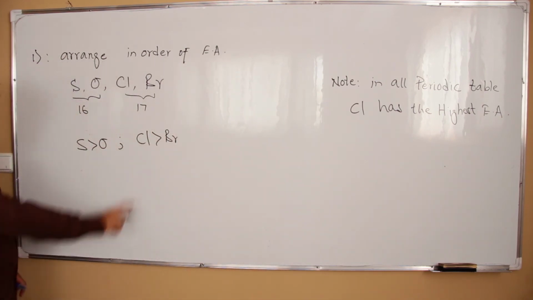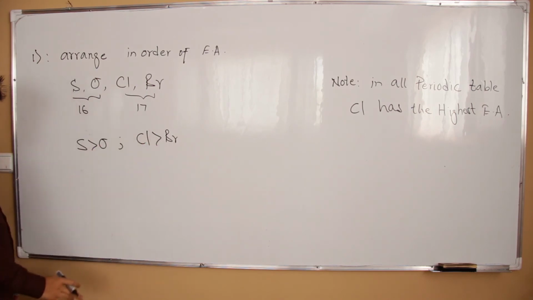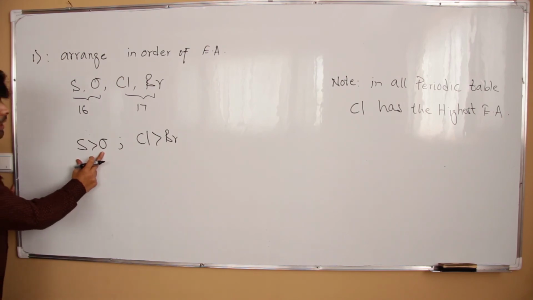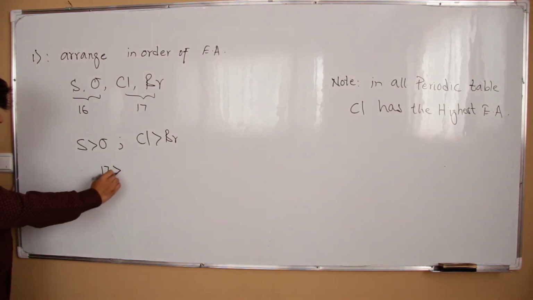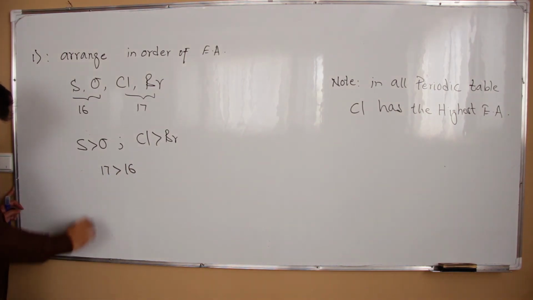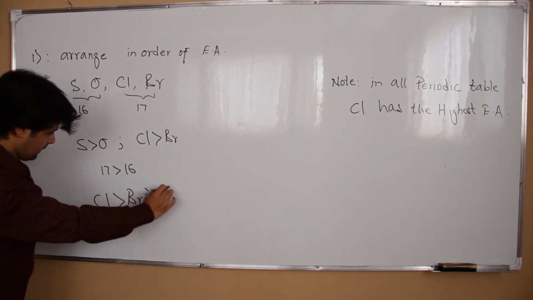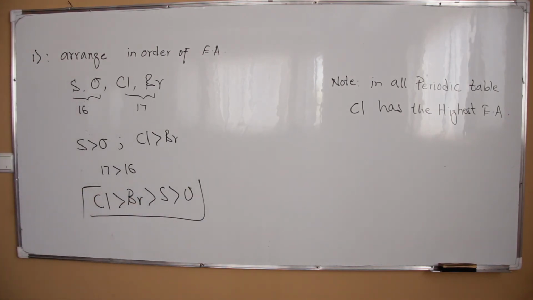So chlorine is more than bromine and every element, and in group 16 oxygen has the least one. Now, when you compare these two groups, 17 has more than 16. So we can say chlorine, then bromine, then sulfur, and then oxygen. This is the correct order.